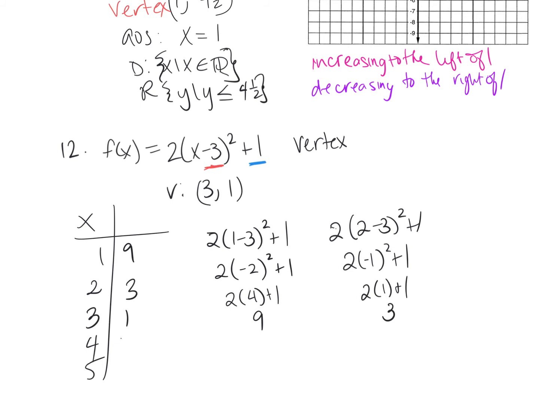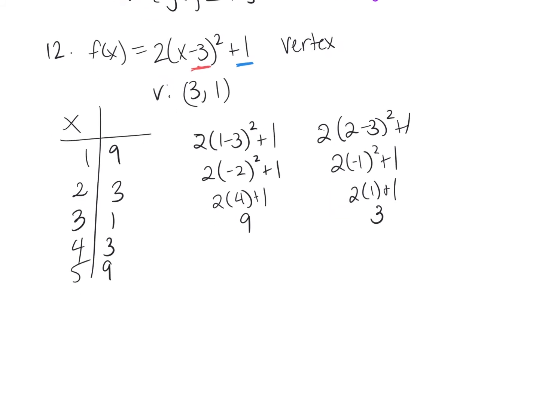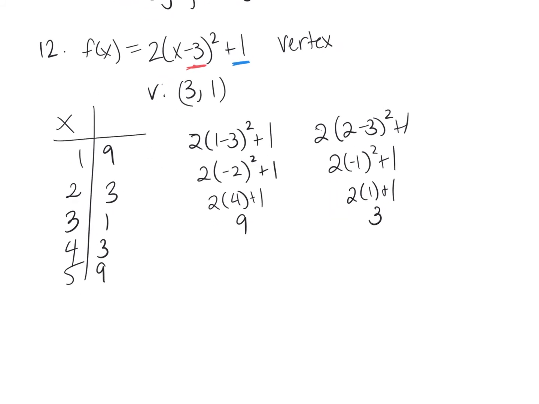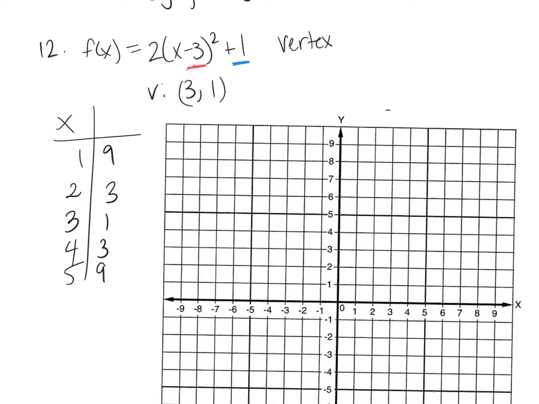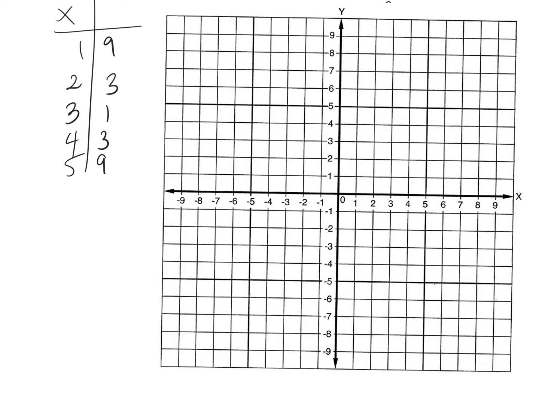I can reflect that in my table, or I can leave them out of my table and reflect it when I put it on the graph. So I can cover that work up. Our vertex is at 3, 1. My next point is 2, 3, and then 1, 9.